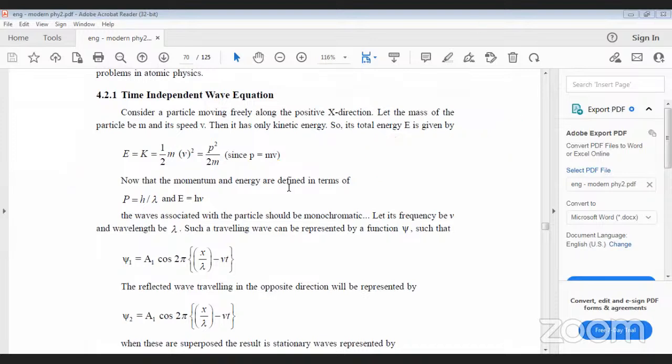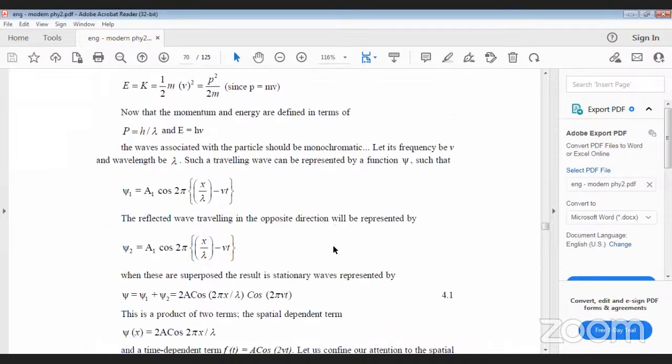So here, the energy-momentum relation is p = h/λ, which we did earlier, and we know E = hν. Let us consider the waves which are associated with the particles.